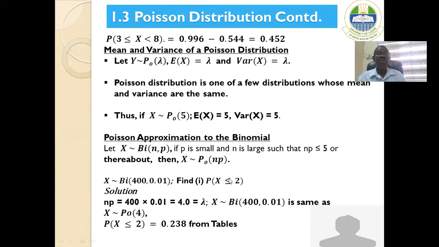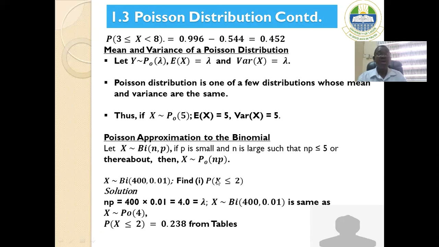What we do say is that if p is small and n is large, such that np is less than or equal to 5 or thereabout, then this x that was originally distributed as binomial can be distributed as Poisson with parameter np. np is the mean of the binomial, n times p.